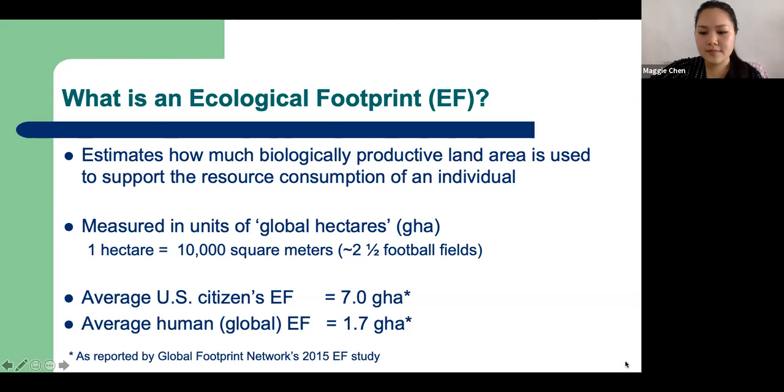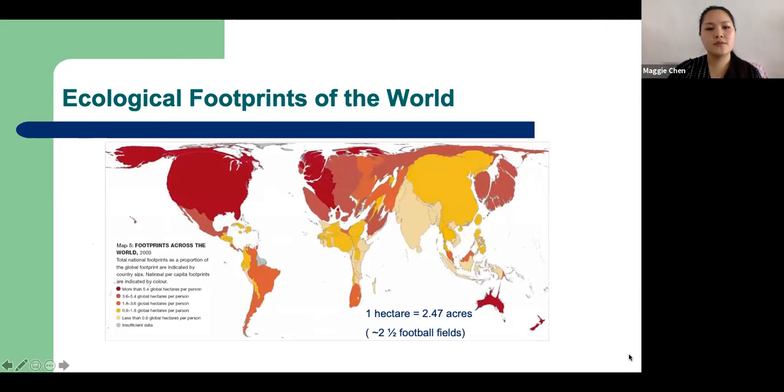So first, if we're going to look at the world on this map, we have all of our countries laid out, and the darker the red, the greater the global hectares, the greater the ecological footprint per person is for that country. This was charted out in 2003, and again, around 1 global hectare is around 2.5 football fields worth of productive land per person.